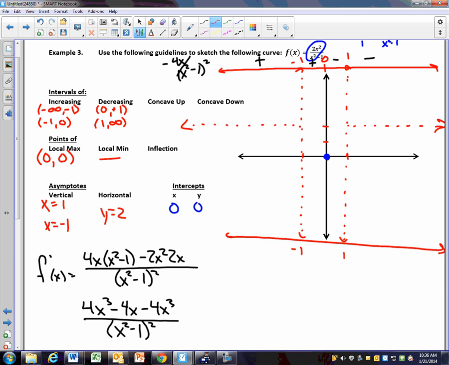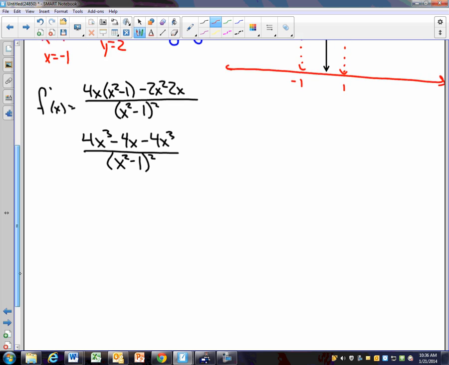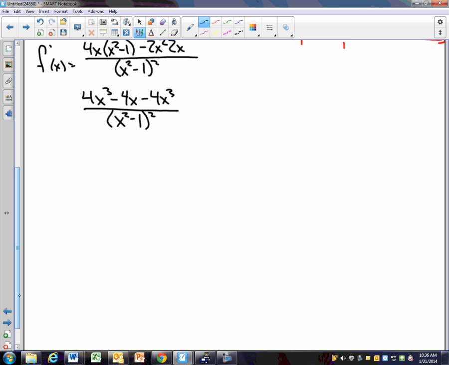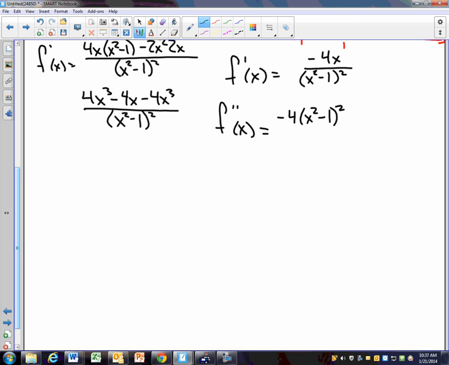How do we find concavity and inflection? Second derivative, let's do that. So we had f prime of x equal to -4x over x squared minus 1 quantity squared. So f double prime of x, I'll use the quotient rule, and I will have derivative of the top, -4, times x squared minus 1 quantity squared, minus -4x, so plus 4x, very good.